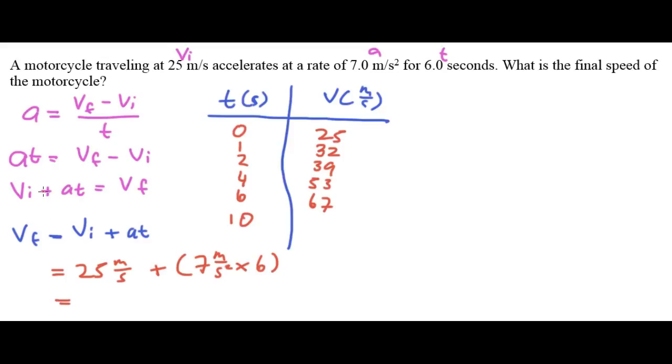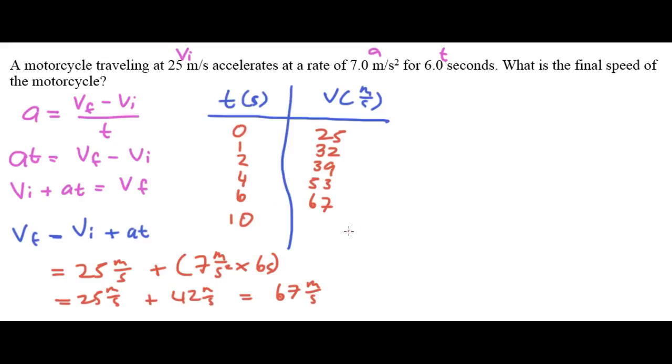Okay, so it was initially going at 25 meters per second, and then after 6 seconds, it's going 42 meters per second faster. So in the end, it should be going 67 meters per second after 6 seconds.